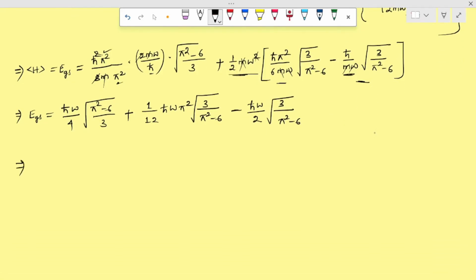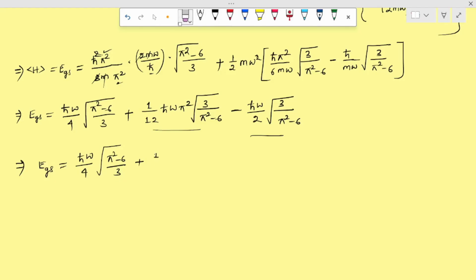That implies E_GS will be equal to, watch this step carefully, h cut omega by 4 is there, you just write as such, pi square minus 6 by 3, plus here, if we consider these two terms, h cut omega 3 by pi square minus 6 root over, and also here 2 and 12 are common factors, which can be taken outside.